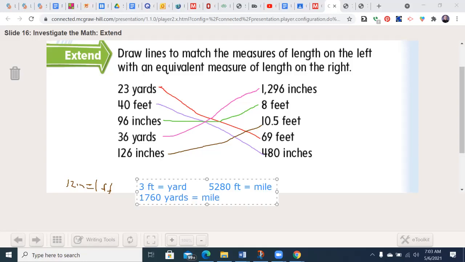That's 5,280 divided by 3 right there. I know a yard is 36 inches, so I can start converting amongst these different units. It is something that the more frequently you do it, the stronger you will be at it.